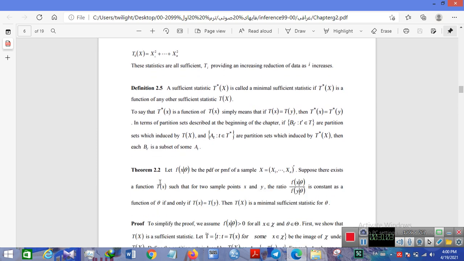The way to find the minimal sufficiency, let's say, will be in the next talk.